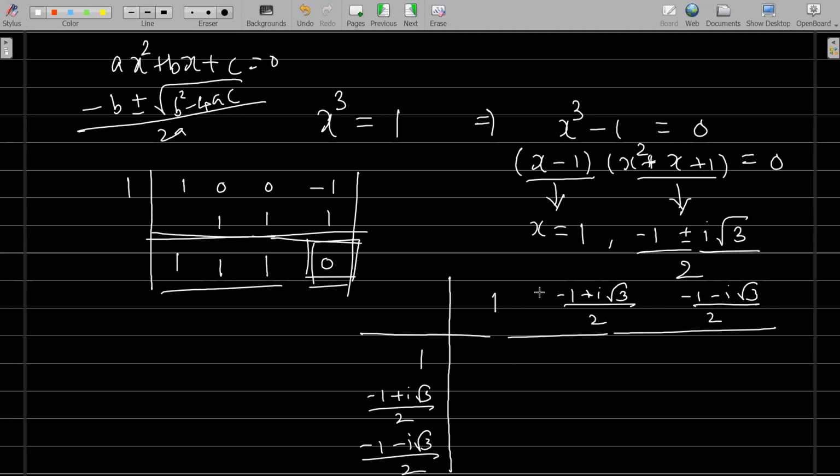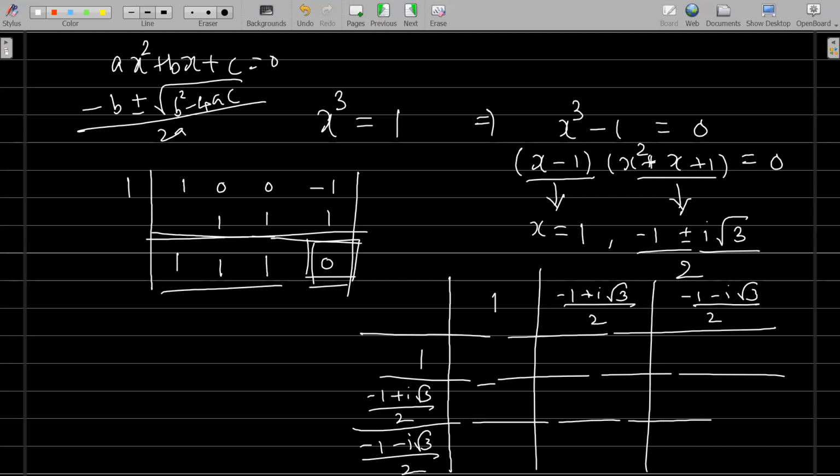So I'll get 9 elements, right? 9 elements. And some elements will be obvious. Like when I multiply by 1, that's going to give me the same element again. So 5 elements are obvious, right?